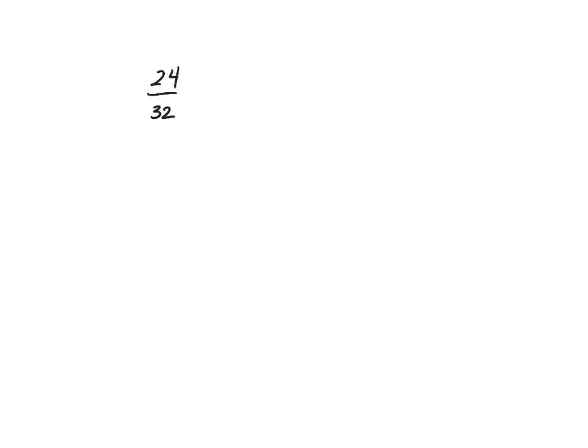So my task now is to try to figure out what common factors 24 and 32 share. Now, when you're first doing this, you may want to, out to the side, list all the factors of your numerator and your denominator. So of 24, I have 1 and 24. I have 2 and 12.